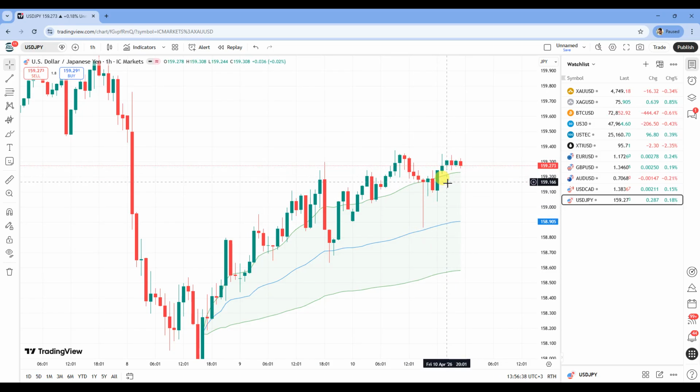The no trade zone here is between this green area and this green area. Our hot points are whenever the market touches the blue area.